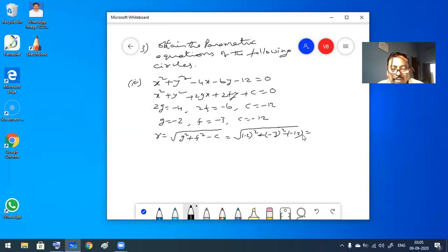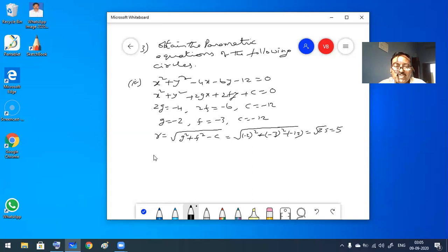This is equal to root of 4 plus 9, 13, plus 12, 25, root 25. This is equal to 5. So the radius r is equal to 5.